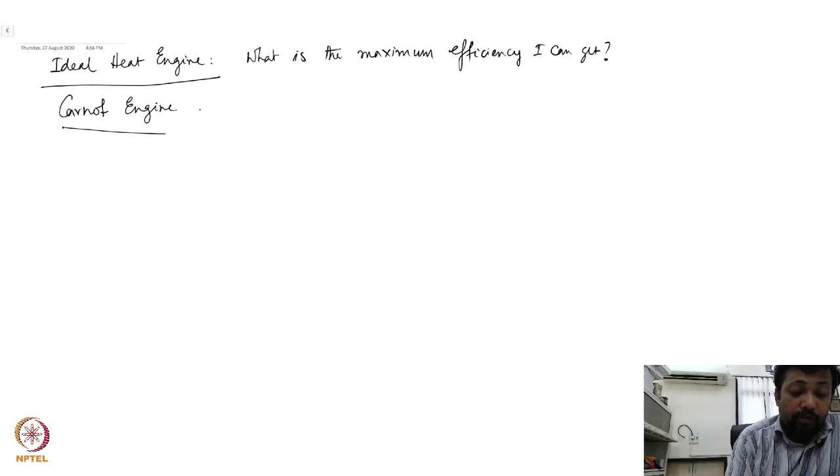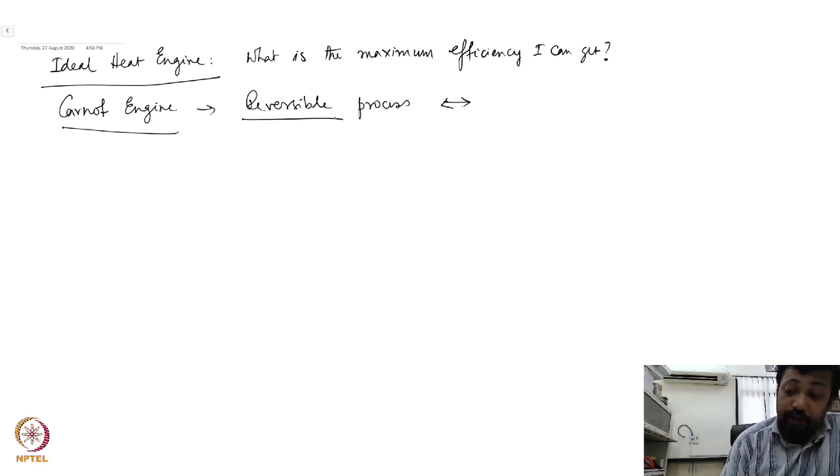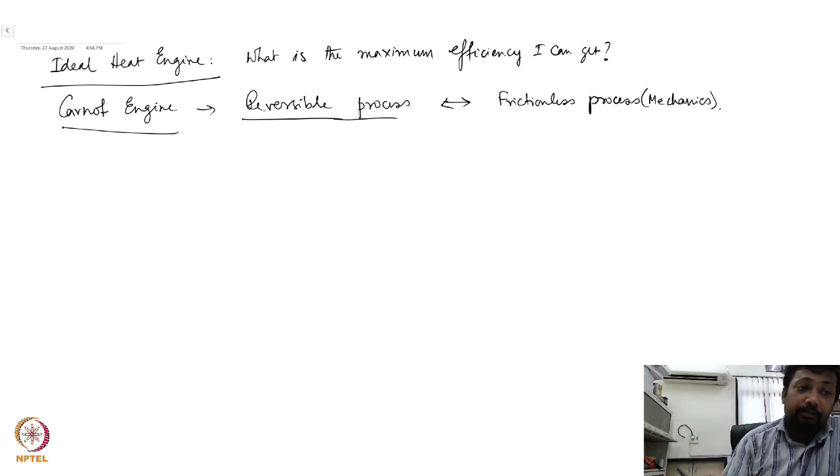In Carnot engines, all the processes that are involved are reversible. A reversible process, you can imagine in analogy with mechanics, is essentially a frictionless process, which means there is no dissipation. If you reverse the time, you can reverse the inputs and the outputs in a reversible process.